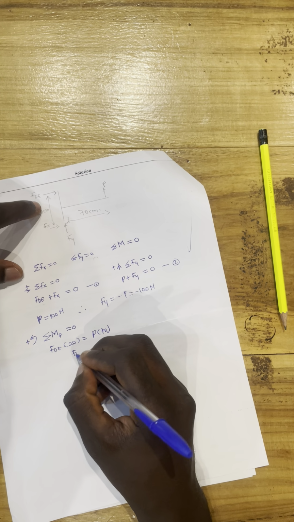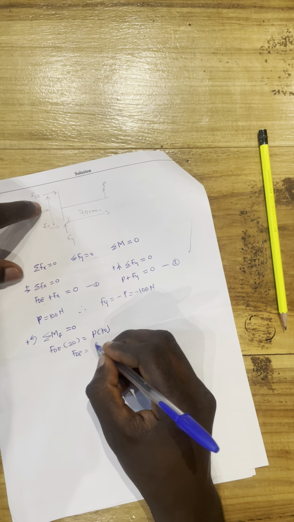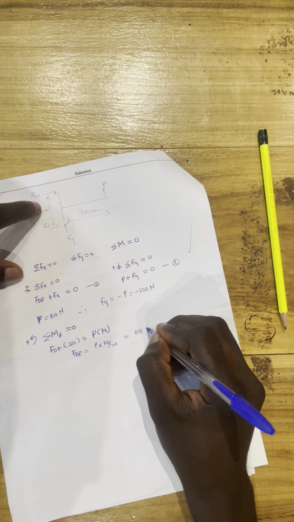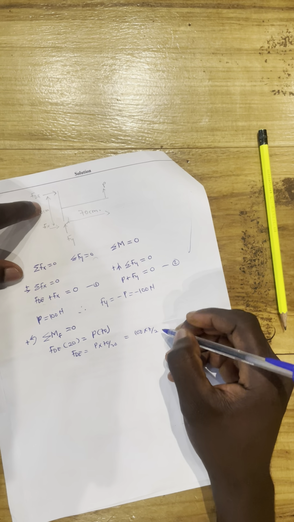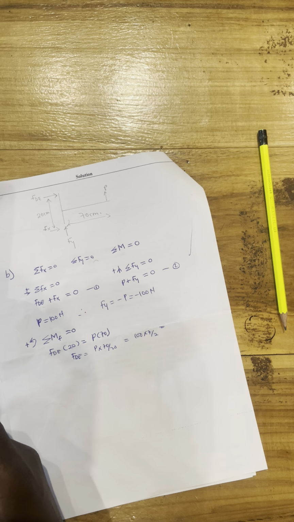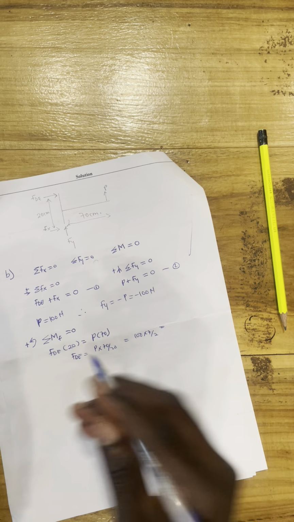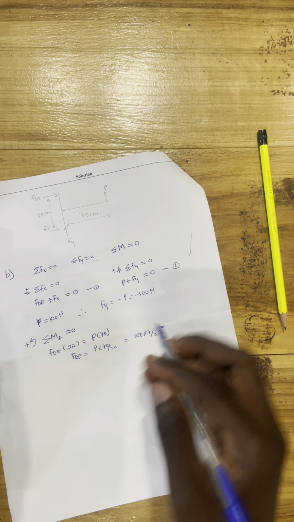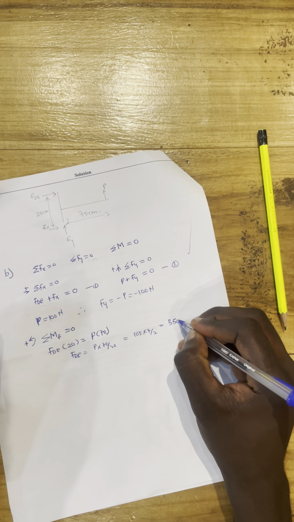I'm using centimeters because they're going to cancel out anyway. So FDE is equal to P times 70 over 20, giving 100 times 7 over 2, which is 3.5 times 100, 350 Newton.